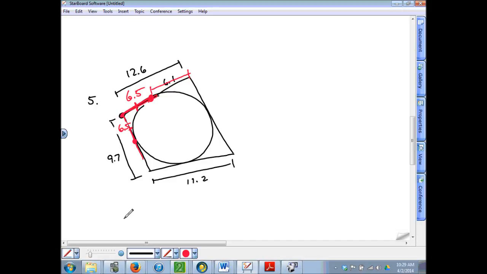Now, we're going to do the same trick. This segment and that segment, they're congruent segments. If the entire length here is 9.7 and that piece of it is 6.5, then this is 3.2, which also means that this is 3.2.